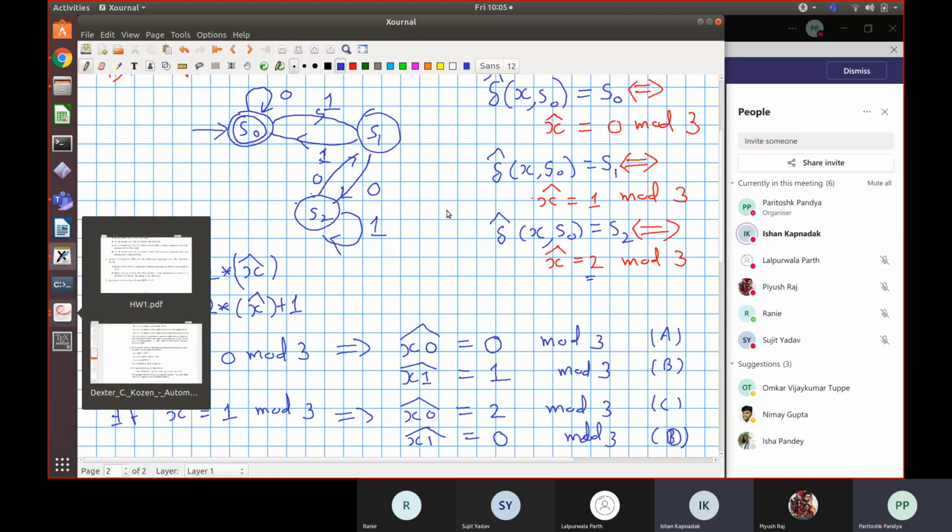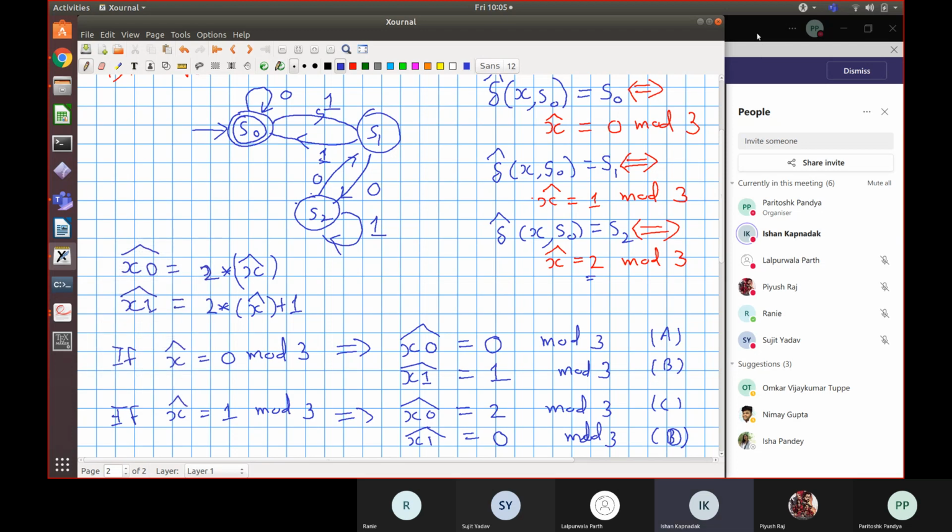Yes, please. If the number that we're dividing by is composite, then we can do better than this structure, right? I mean, we can decompose it into factors and try to solve each individual problem. Yeah, but you are given this binary string. How will you factorize that binary string? No, not a binary string. I meant that suppose you want to find whether a number is a multiple of 6.